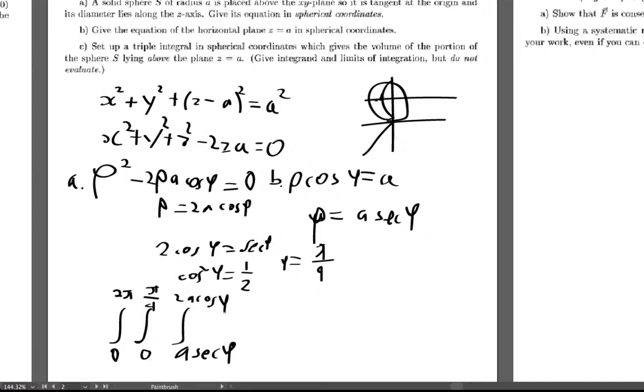Luckily it has been done, and it will turn out to be rho squared sine psi. That is the integrand. But don't forget to write in all of the d somethings, like here it's d rho, d psi, d theta. And there you go, that's your answer for part C.